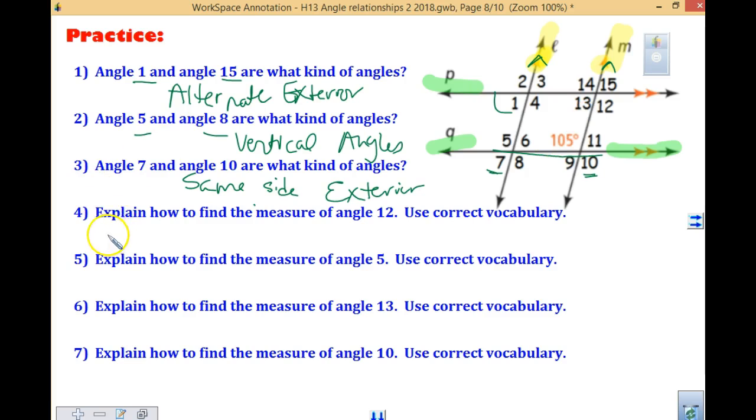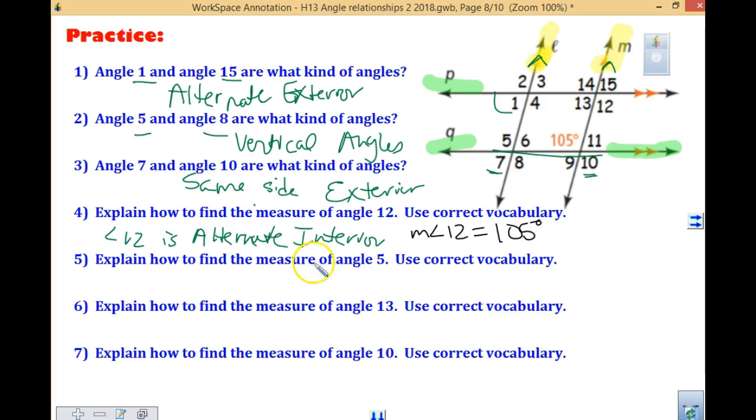We're going to say angle 12 is an alternate interior. So you're always asked in your homework, if you don't give the reason why it is, you're asked to give that reason first. So we're going to say they're alternate interior, which means the measure of angle 12 must be equal to 105 degrees.